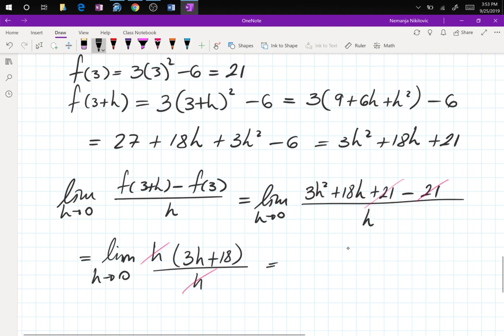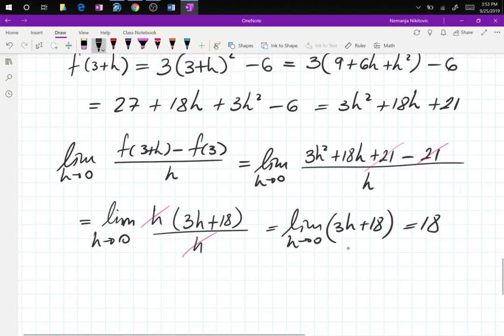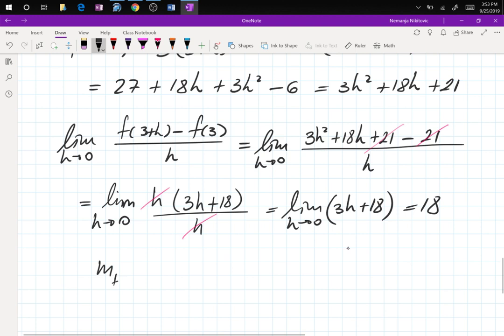And we have the limit, h goes to 0 of 3h plus 18, which gives us 18. So slope of the tangent line would be 18, in this case, at x equals 3.